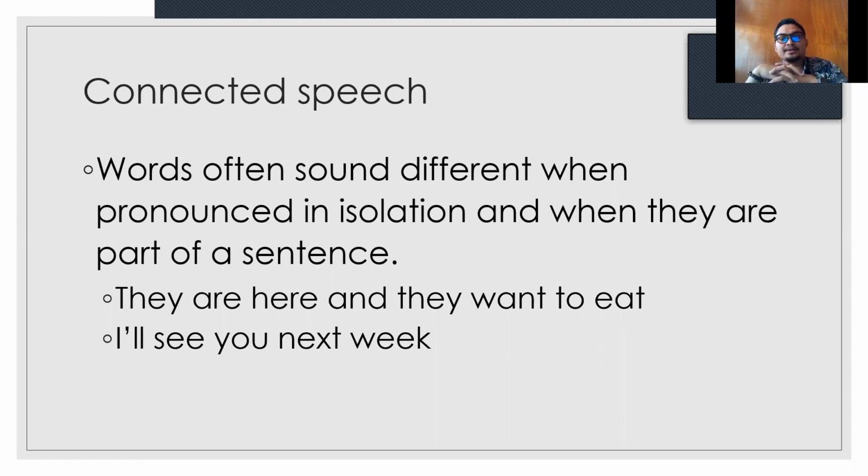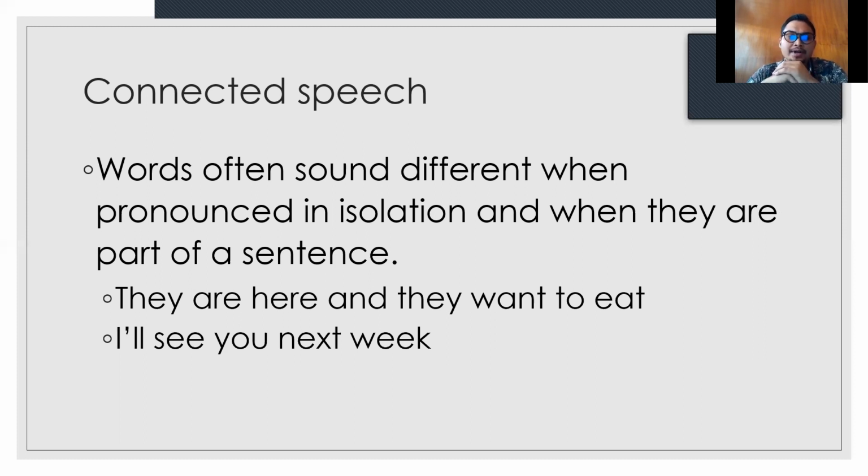All right, now we have an example right here. They are here and they want to eat. Basically, when we pronounce every single word in that sentence at a very slow tempo, it sounds like robot speech, right? It doesn't sound natural.